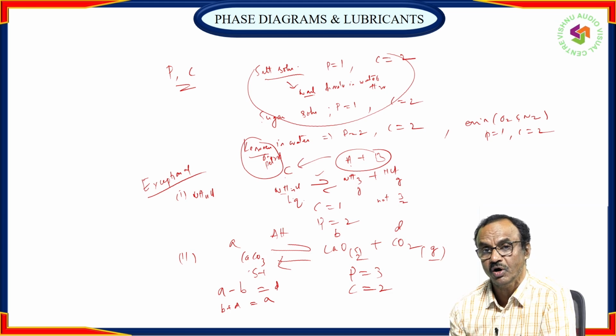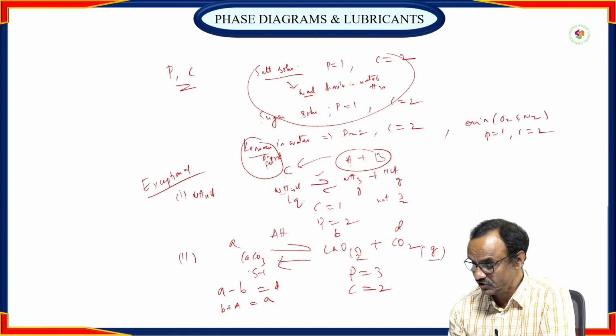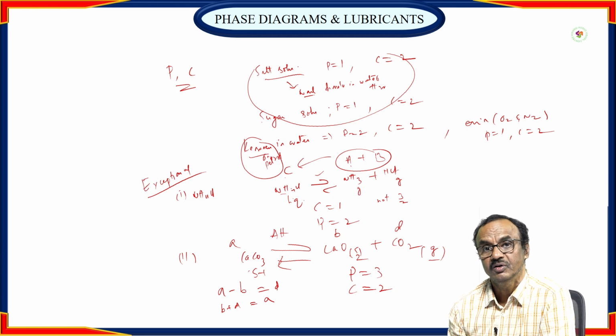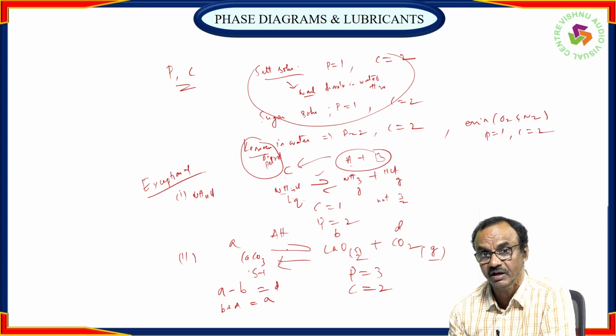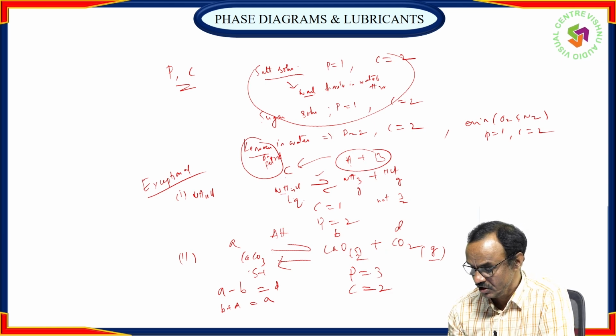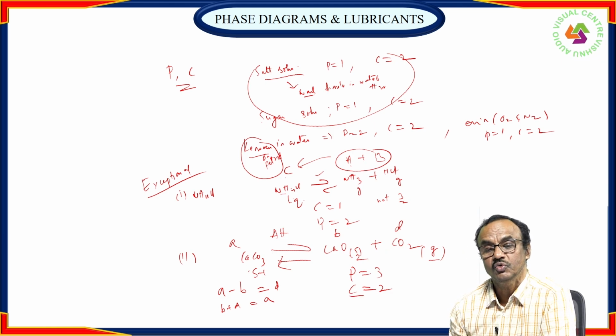We need to consider 2 components minimum to describe each phase at dynamic equilibrium of a heterogeneous system.